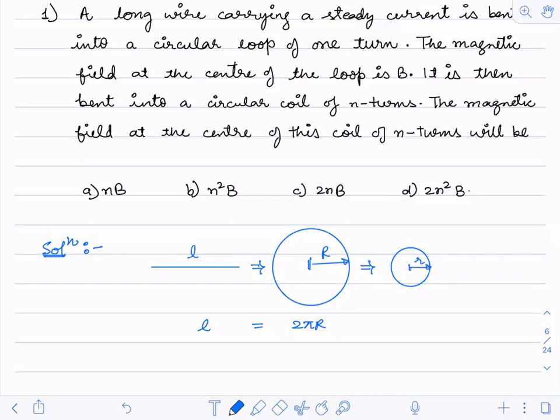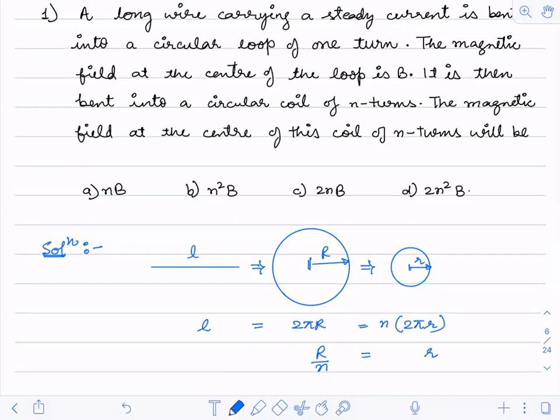So this is now 2 pi small r into n. Did you understand this? Now just see, what is the value of small r from here? I can write it as capital R by small n. So this is the relation between capital R and small n.